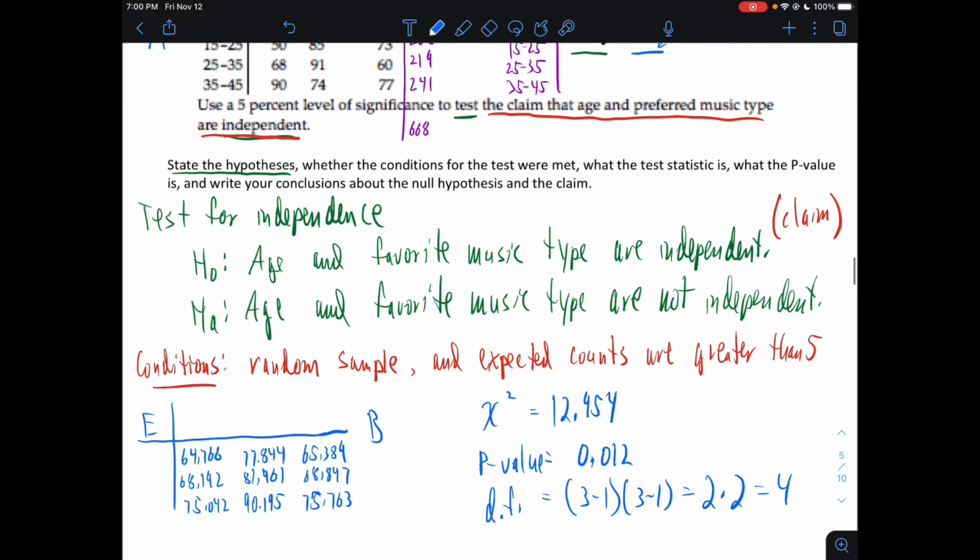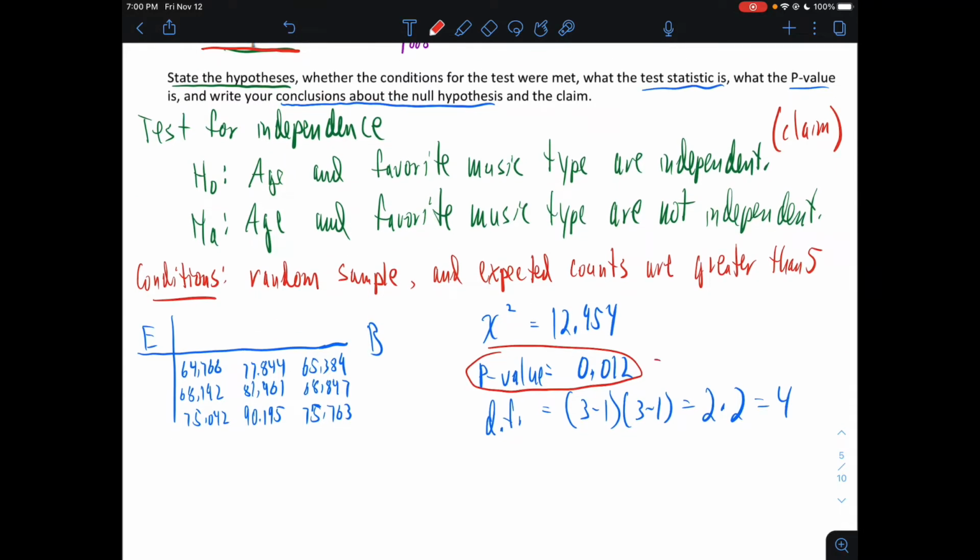So we've got our test statistic, that's chi squared. We've got the p-value. Now we just need to start writing some conclusions. And we start by writing conclusions about our hypotheses and then a conclusion about the claim. So how do we start by writing our hypotheses? We need to compare our p-value to the level of significance. Our level of significance is 5%. Our p-value is 1.2%, so that's less than our level of significance.